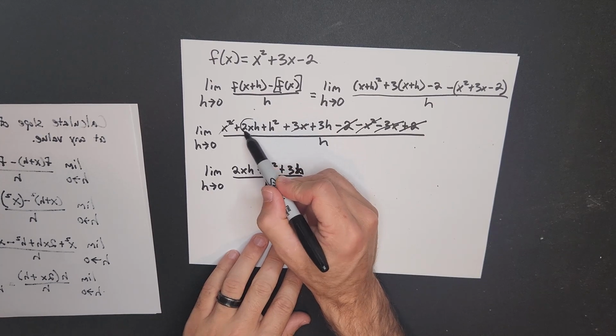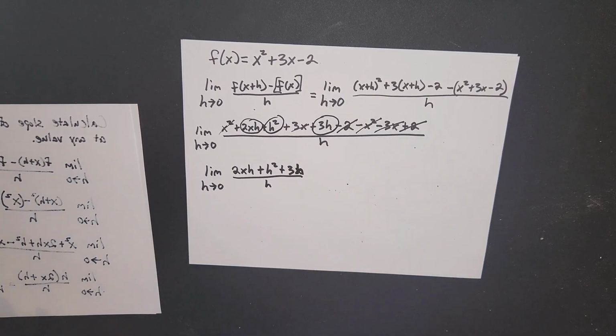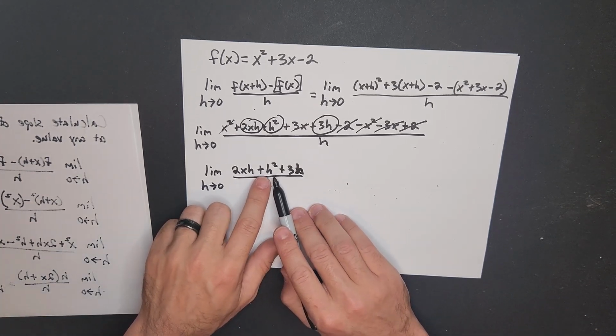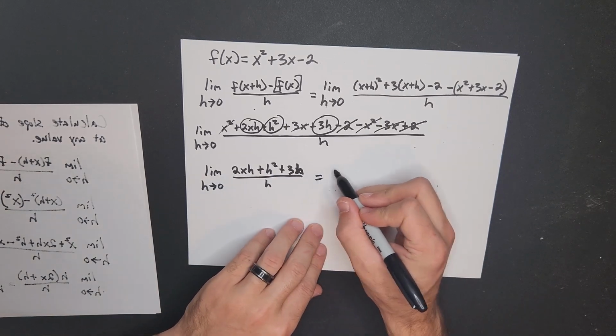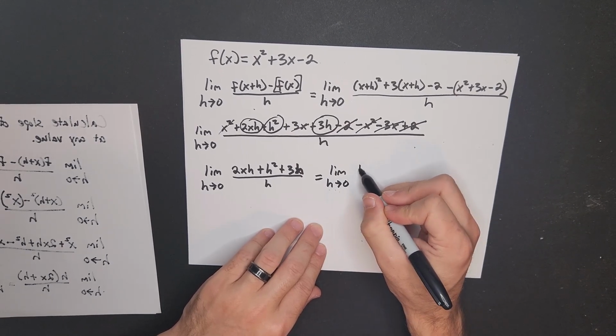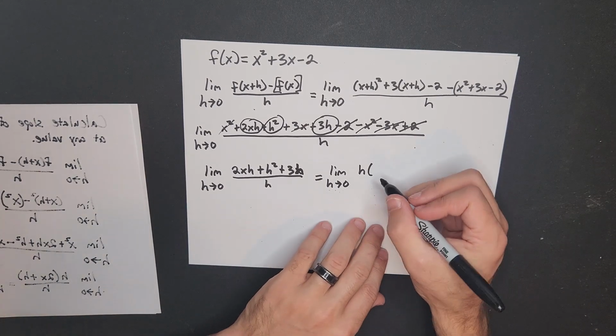Notice these terms here that I'm circling are the only ones that we have left on our numerator. Which is a good thing because similar to the previous problem, this one has an h, this one has an h, this one has an h. So what I can do in this situation is take that h and factor it out. You're going to be doing this on almost every single problem, so get used to it.